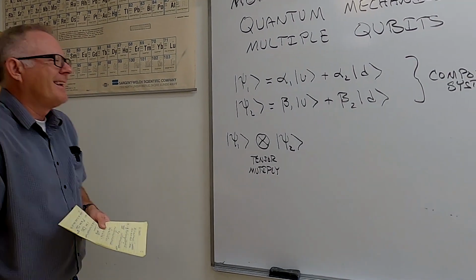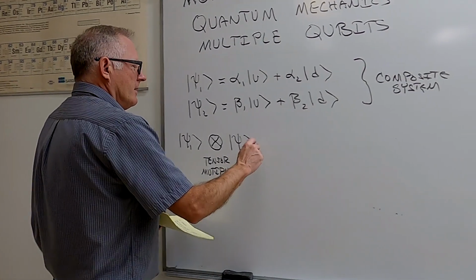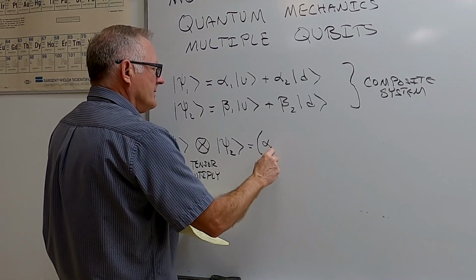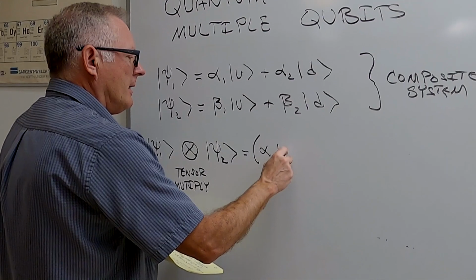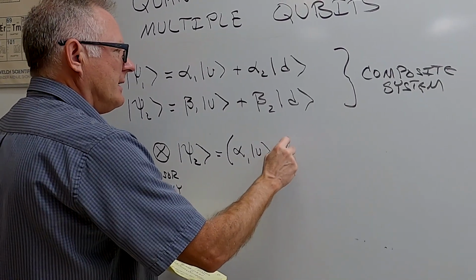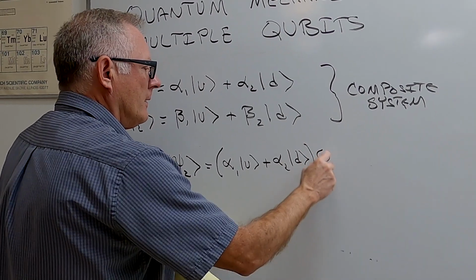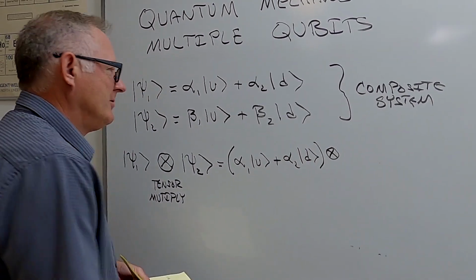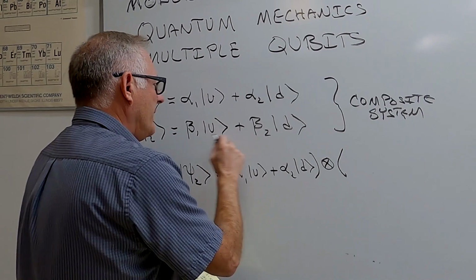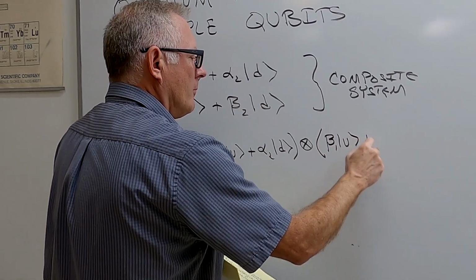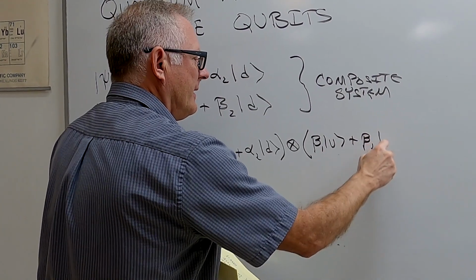So how do you tensor multiply? Let's write it out first. Alpha 1 up plus alpha 2 down, tensored with beta 1 up plus beta 2 down.